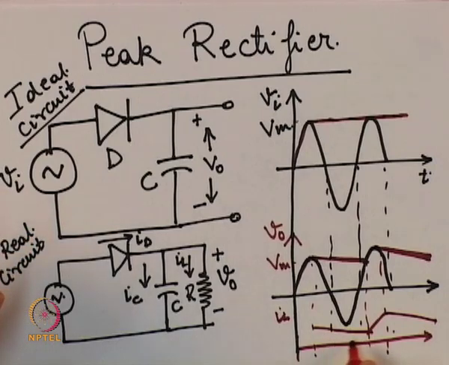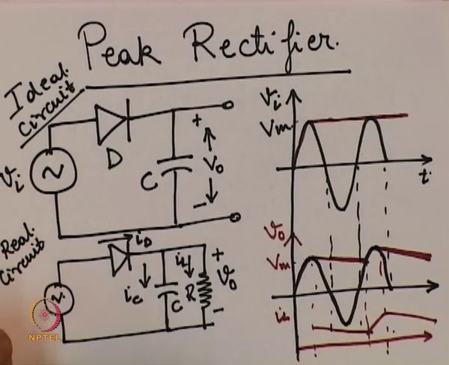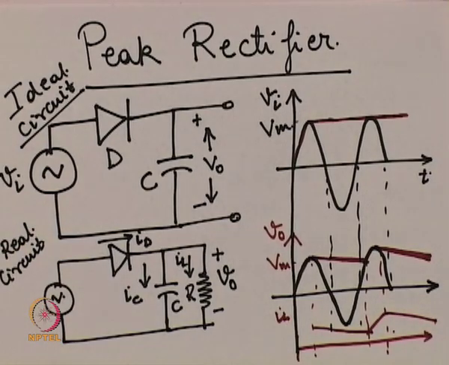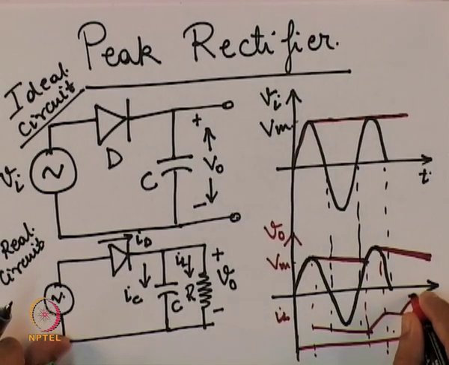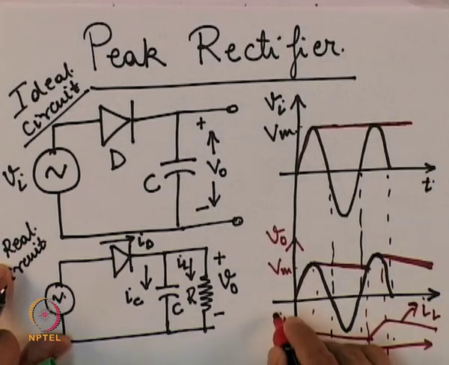So, it will follow a pattern like this. Okay. What about the diode current? Suppose if I use a green pen, so this is my IL. This is IL.